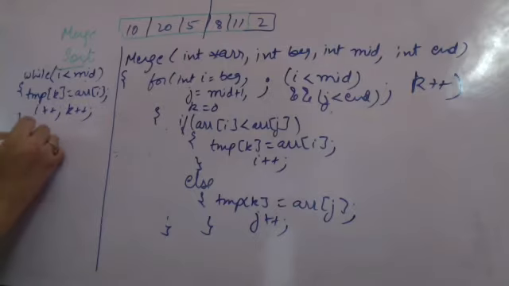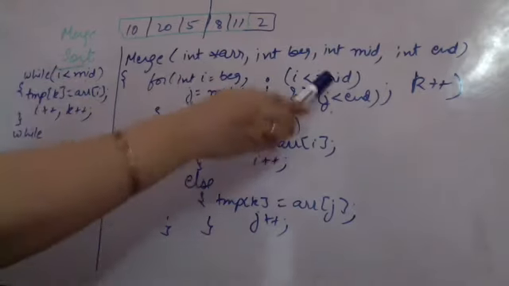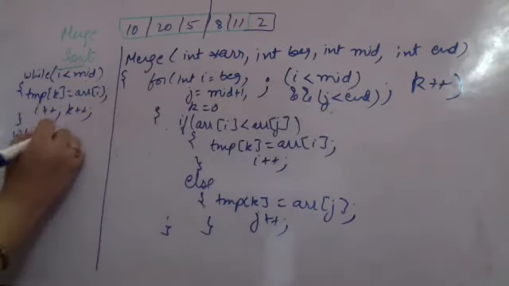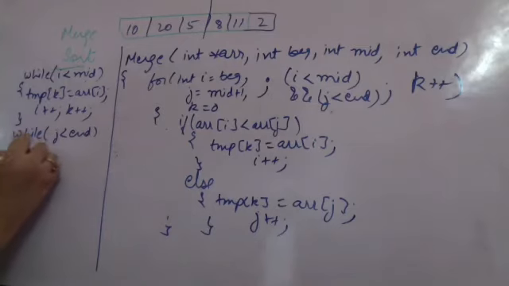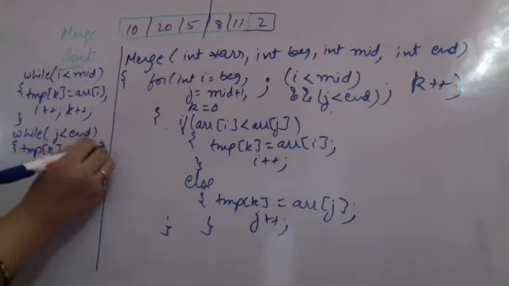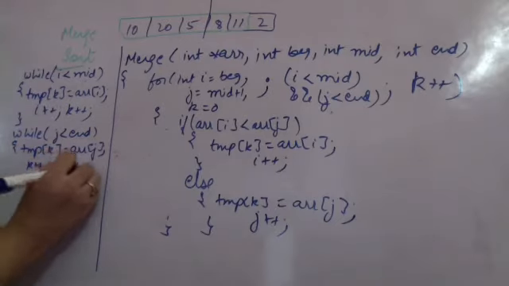Similarly, you do not know कि i mid तक पहुंचा था या j end तक पहुंचा था. हमें कंडीशन में नहीं पता कि कौन सी वाली कंडीशन पे ब्रेक हुआ है. So I have another loop for j less than end, and I will be doing temp of k is equal to array of j, k plus plus and j plus plus.